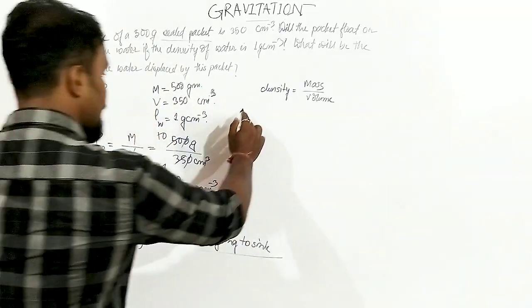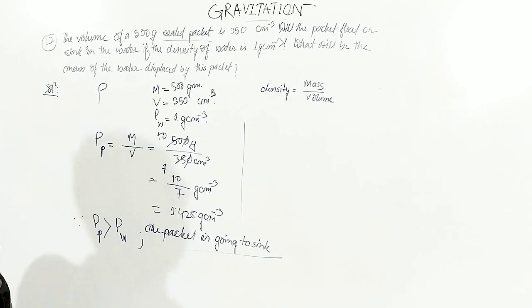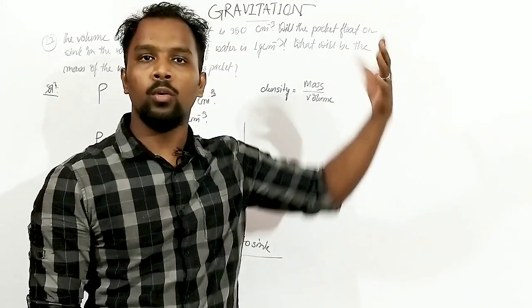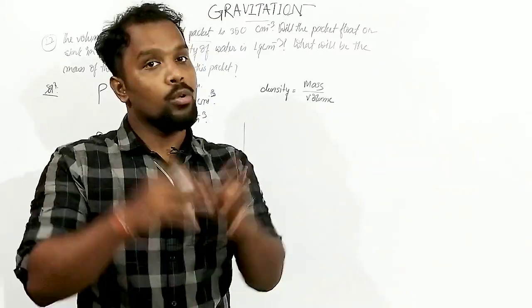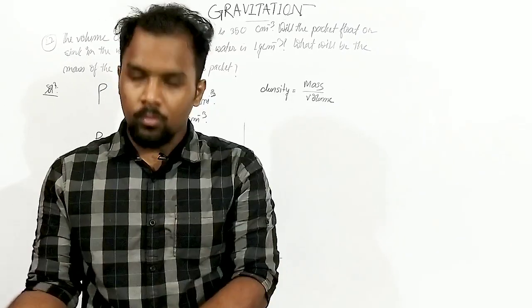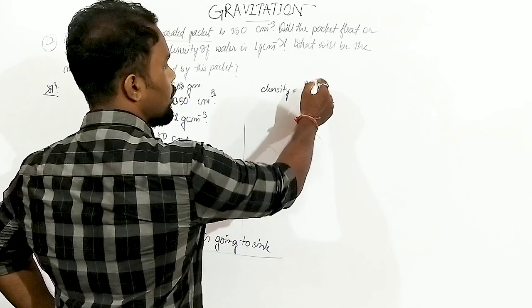In the second case, it asks what will be the mass of the water displaced by this packet? When we keep the packet on the water, due to its weight it is going to displace some amount of water by the Archimedes principle, right? So you have to calculate the mass of the water. We know density equals mass by volume.